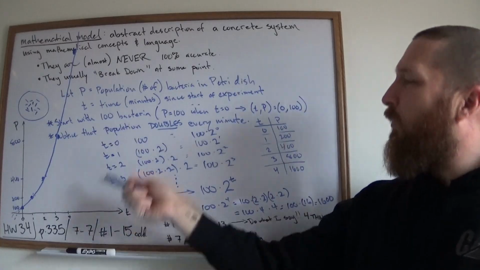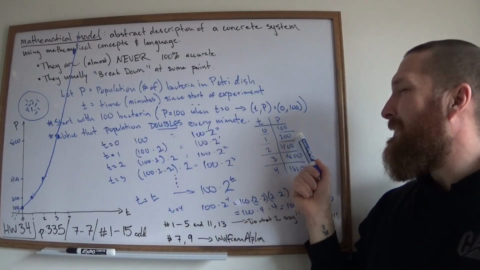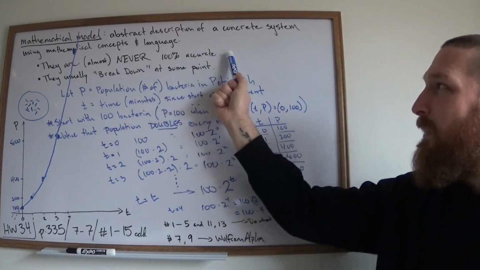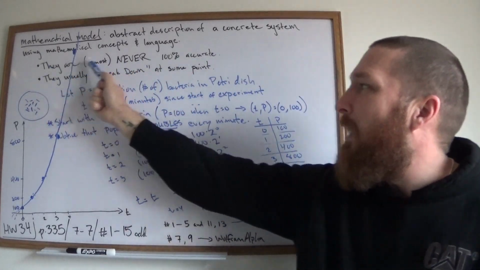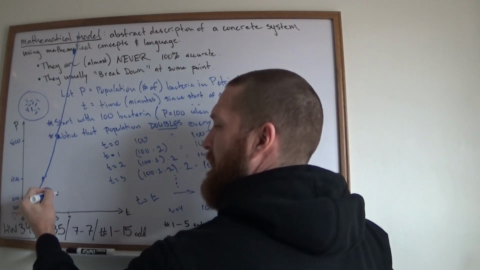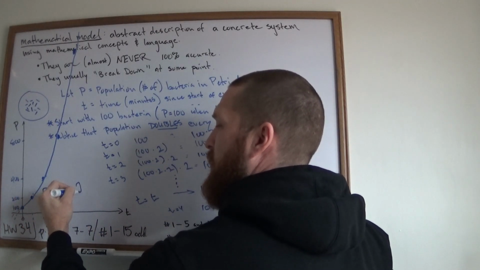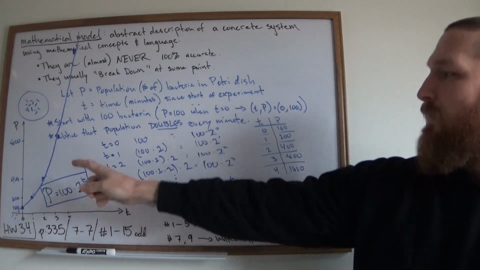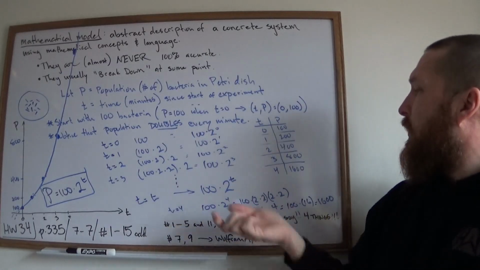Well, maybe it's somewhat accurate, but really, was it exactly 200 of these things? We're talking about this line right here. We have our model, which is population is equal to 100 times 2 to the t. There's your model. And it does a good job of describing what's going on.